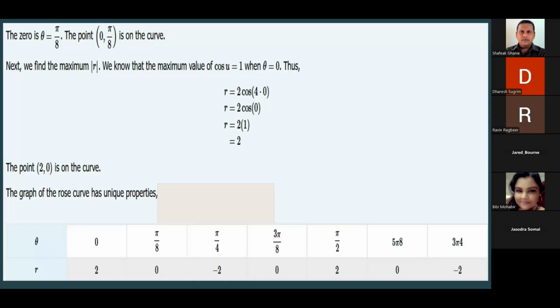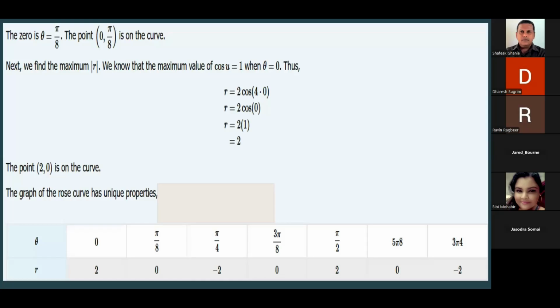Next, below I have the table where you will substitute to get the various points, the value for theta and the value for r. You can see there when theta is equal to 0, r is equal to 2. When theta is equal to pi over 8, r is equal to 0. When theta is equal to pi over 4, r is equal to negative 2.